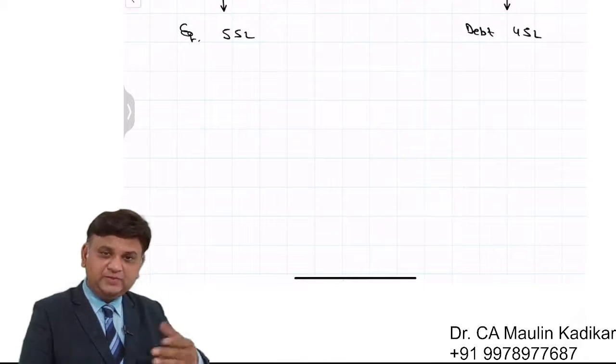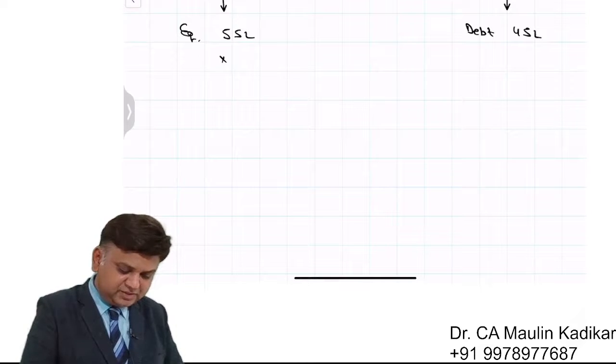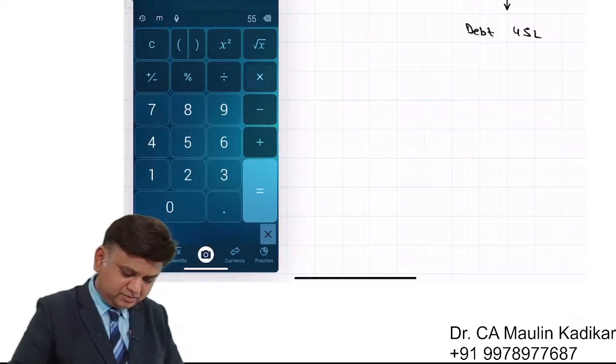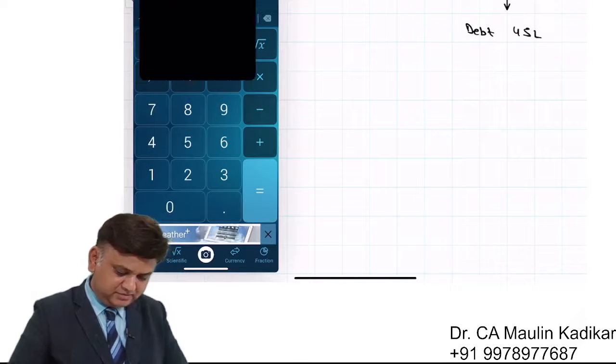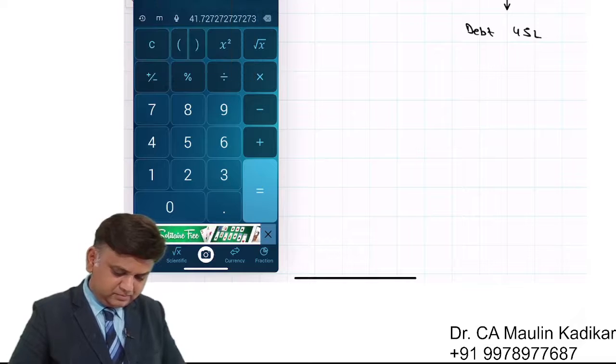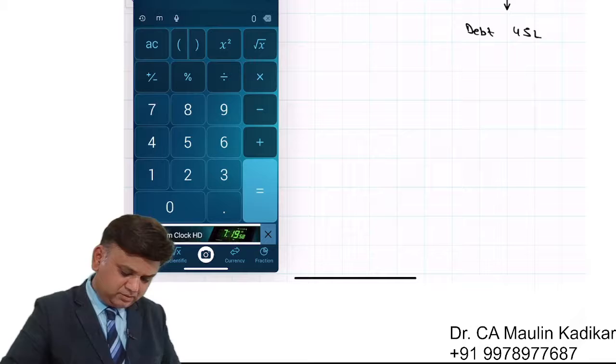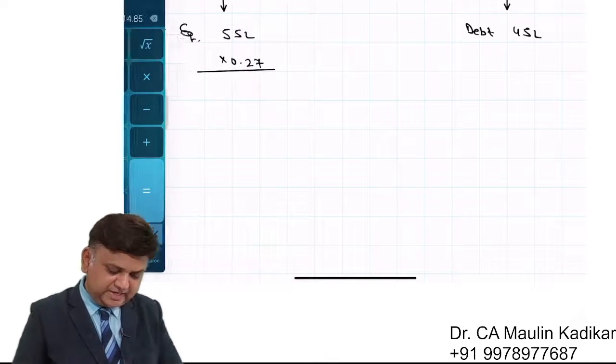On our own investment, we earn at the rate of 27 percentage. So 55 lakhs into 27 percentage, the answer is 14 lakh 85,000.